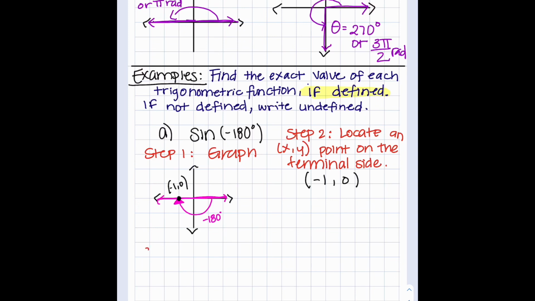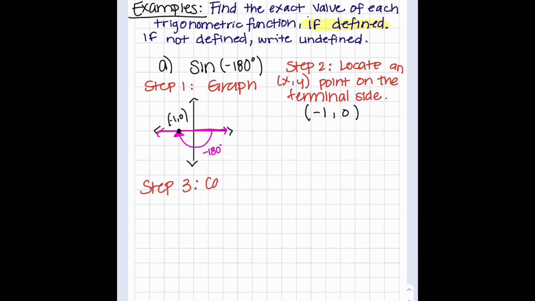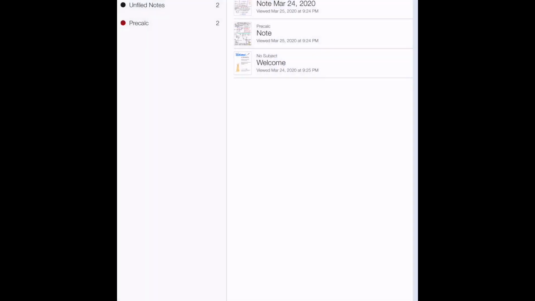Step 3. All right, so step 3 is to calculate r if needed. So what trig function are we dealing with here? Well, I want to know what sine is. So let's go back to yesterday's notes.